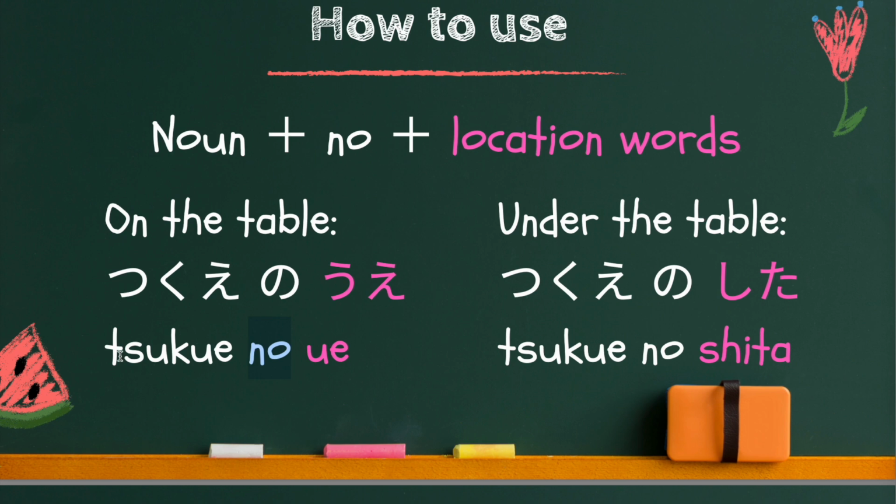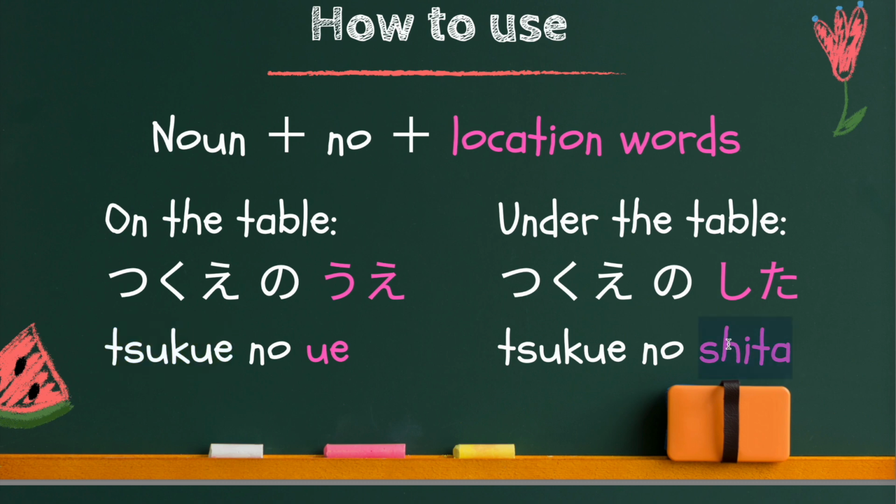It's always noun, no particle, then the location word. And in this case, the noun is table, つくえ. That's why つくえの上.